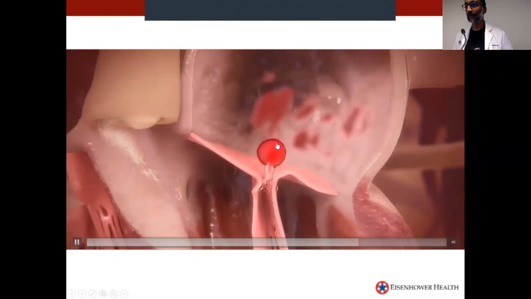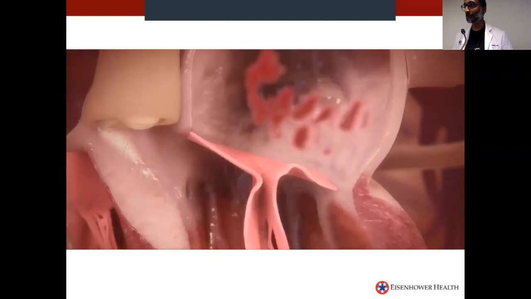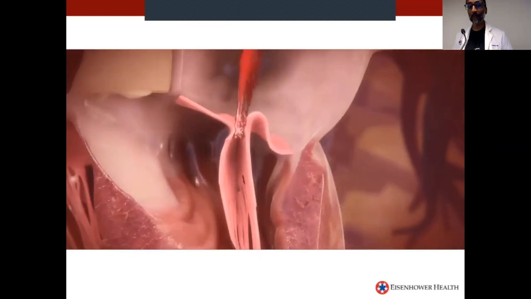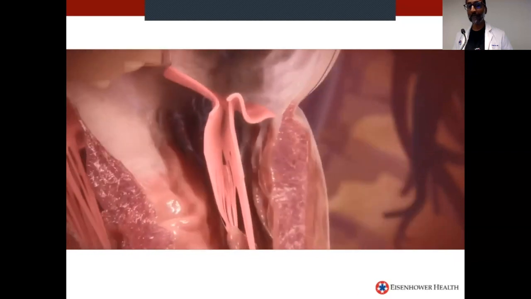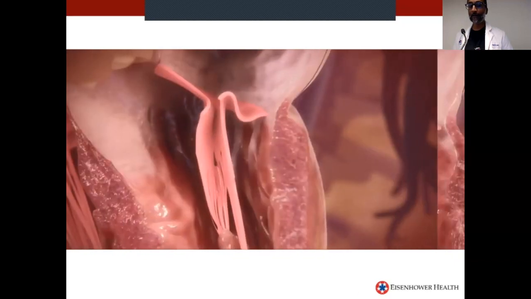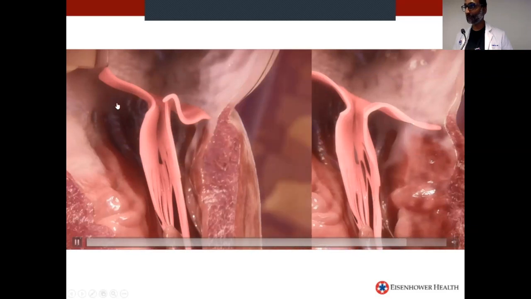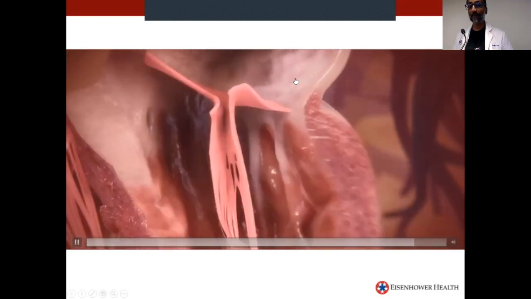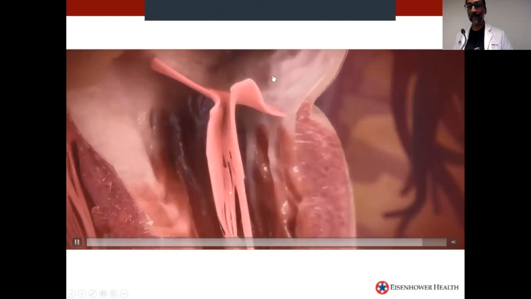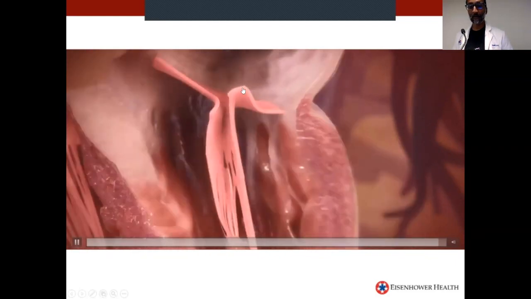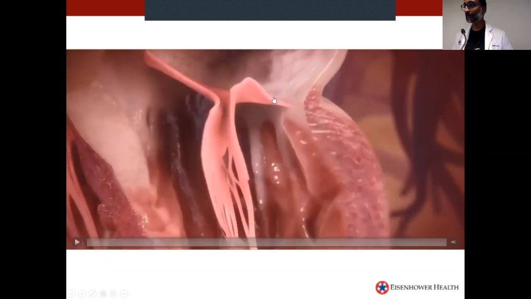So every heartbeat, some of the blood goes forward where it should, some of the blood ends up staying within the heart. Over time, you can see how this could be a problem. If the blood's not pumping out of the heart because the valve isn't coming together entirely, then over time, the heart can start struggling. As with any pump, if you overload it, it starts failing. So understanding the anatomy of the heart is a big part of understanding how we best treat this.